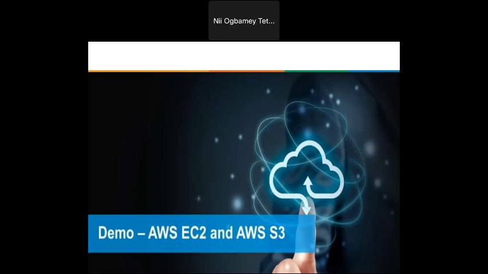So briefly, I'd like to show you what the AWS cloud computing interface looks like and some of the services that you can find available on there. You can later read on to decide what you need in terms of cloud computing and the resources for your application or organization.